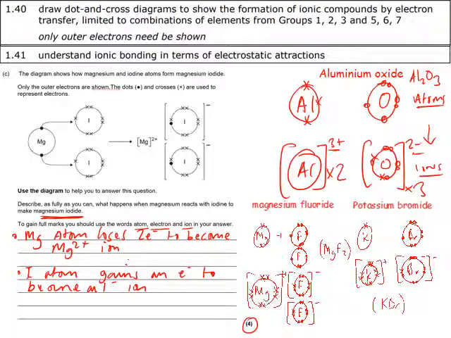And so we can say here, because there are 2 iodine atoms involved, 2 iodine atoms gain an electron each to become iodide ions. Okay, that will get you all 4 marks there.